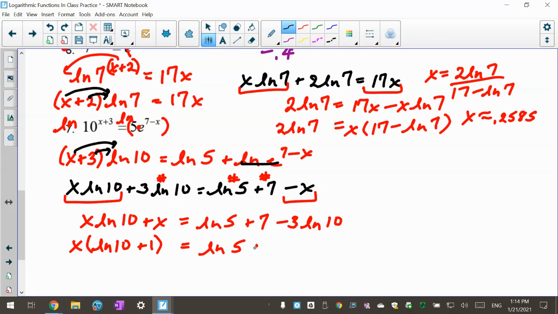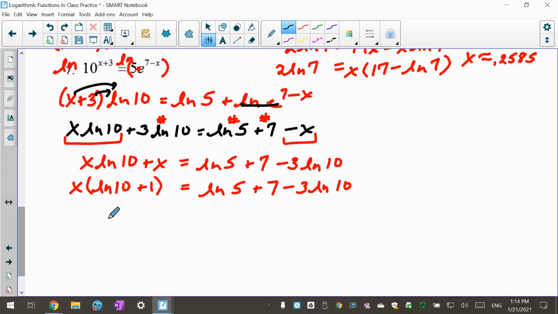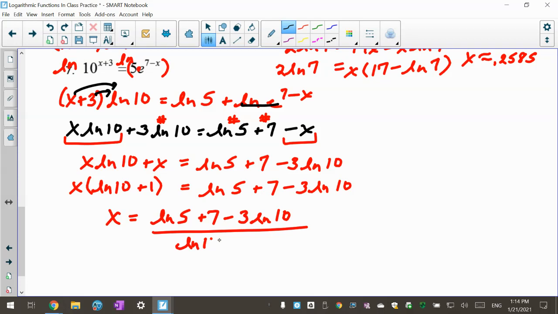And then I'm going to divide by the GLOP. So x is going to equal the natural log of 5 plus 7 minus 3 natural log of 10 all over the natural log of 10 plus 1. And when I put that in my calculator, I get 0.5153.